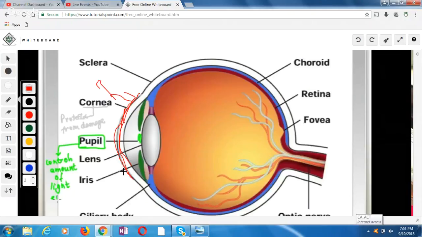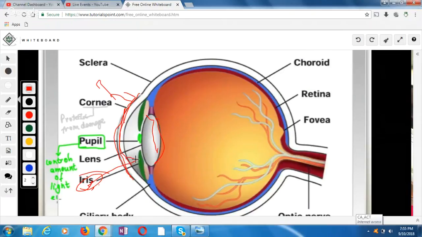Look at here, this particular portion is basically your lens. So what happens? You have the iris over here, which controls what amount of light. Look at here, this is the iris.